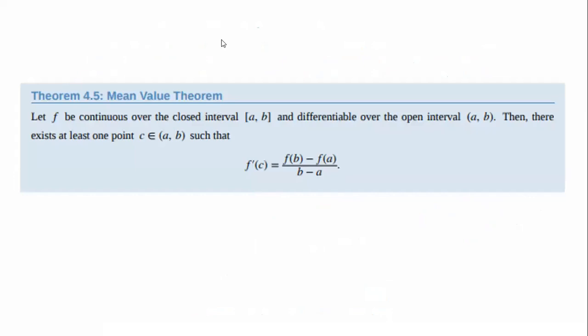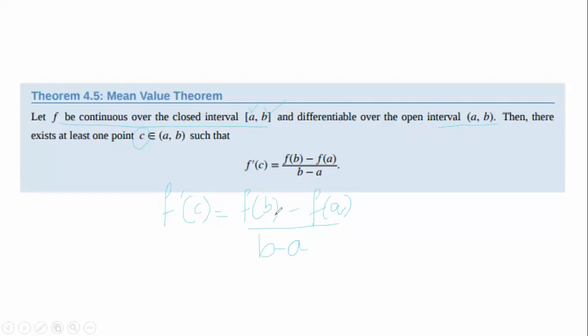So the mean value theorem is, let f be continuous over a closed interval with values a and b, and differentiable on the open interval (a, b), and there is at least one point c which is a member of (a, b), so that the derivative of f at c will be equal to f(b) minus f(a) divided by b minus a.